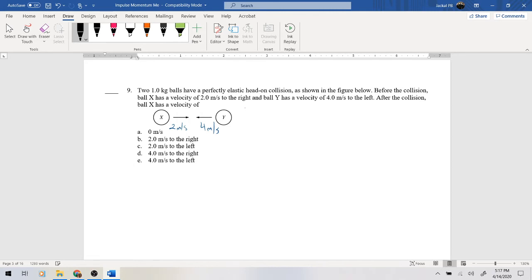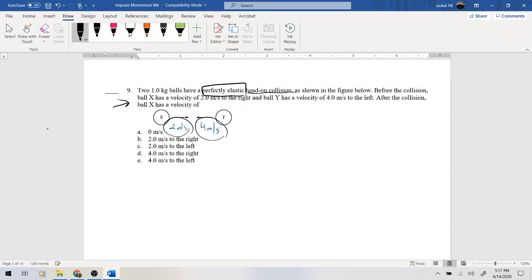Alright, so the next question, not the second. Head-on collision, and it's perfectly elastic. Like I said, there's no difference between elastic and perfectly elastic, so kinetic energy and momentum are conserved. Before the collision, x has a velocity of 2, the other has 4. After the collision, what is the velocity of ball x?